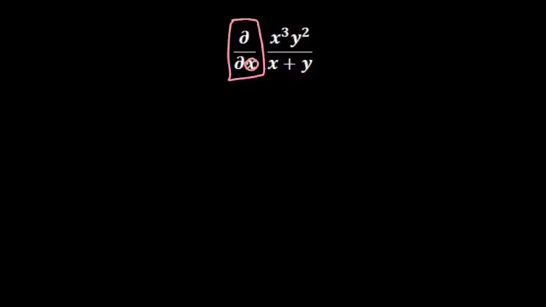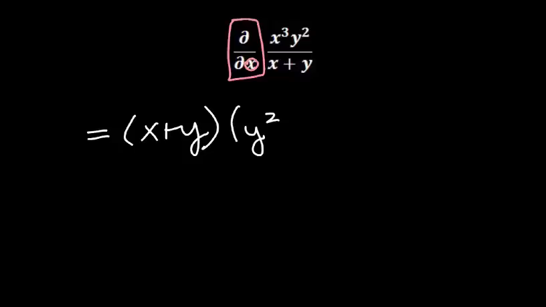So let's just begin by rewriting this. So we know the quotient rule. It's the bottom, so x plus y, times the derivative of the top with respect to x. So then you take the derivative, since y squared is considered to be a constant in this situation, so it stays out in front.